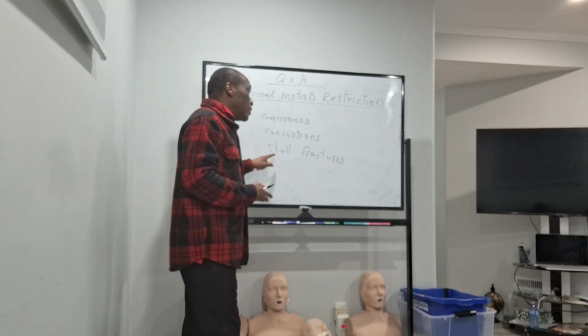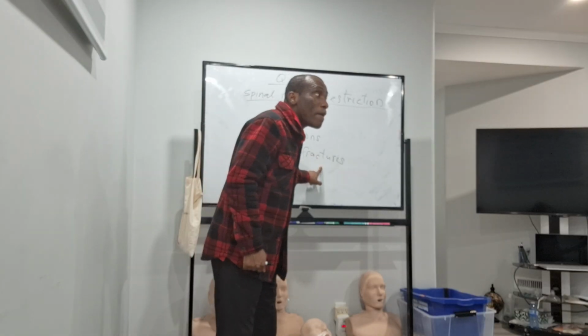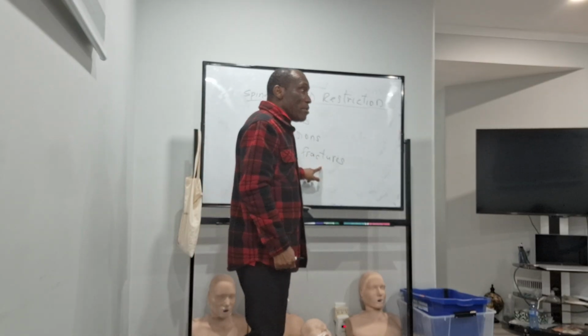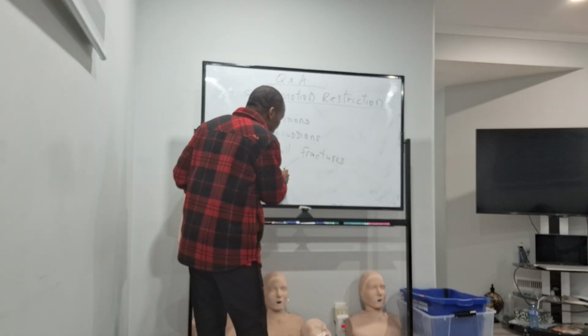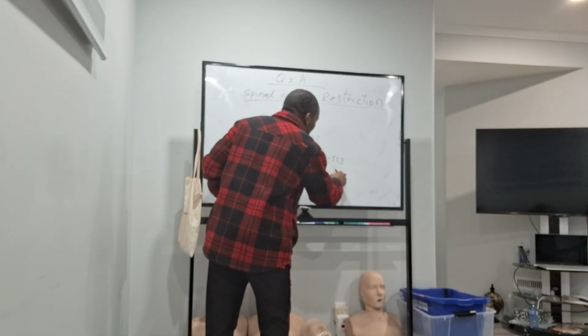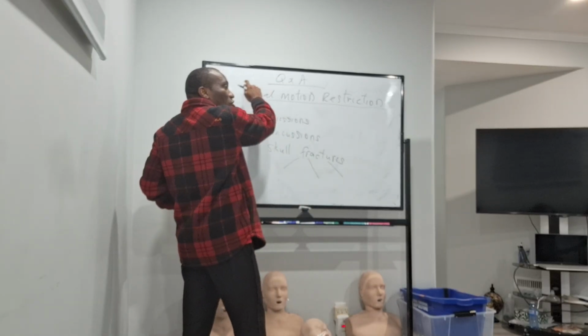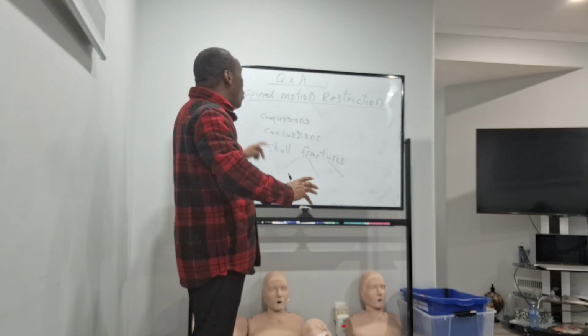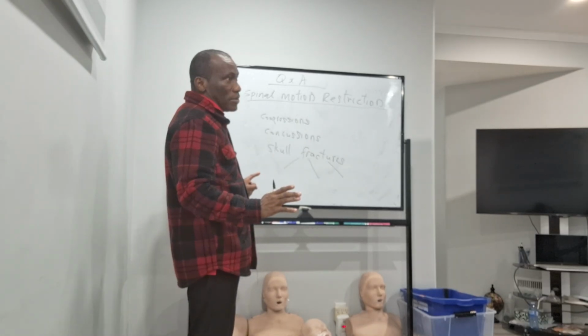But even when, let's assume there's a fracture. Remember there are 3 types of fracture here. I'm going to come back to spinal motion, why you don't want that movement to happen.